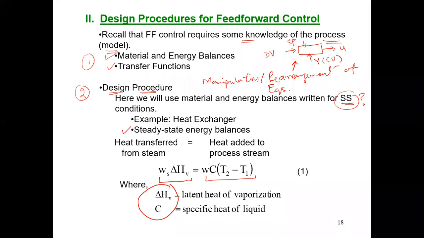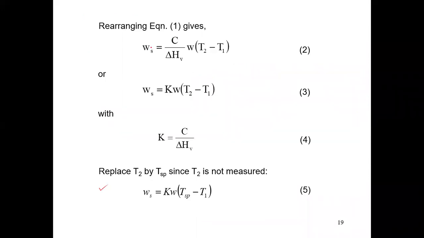ठीक है. So WS it was what? WS was our manipulated variable, okay, MV. So we see कि MV को हम, क्योंकि ये हमारे पास जो है WS is the one जो कि reflect करता है कि this is what we need to manipulate or to control.